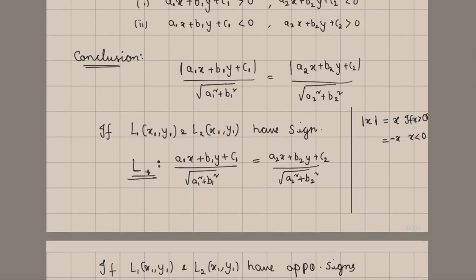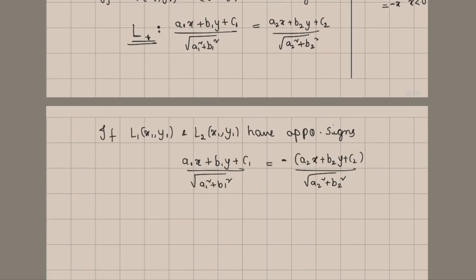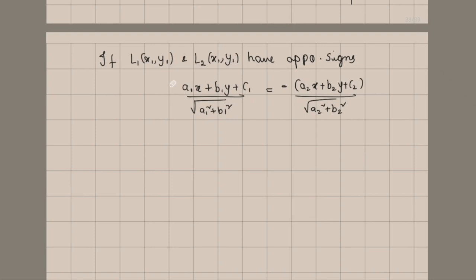Similarly, in the second case, a1x plus b1y plus c1 is less than 0 and a2x plus b2y plus c2 is greater than 0. So this modulus will be the same as the inside term, whereas this modulus will be the negative of this term. So we get the same result because this negative can be taken to that side.